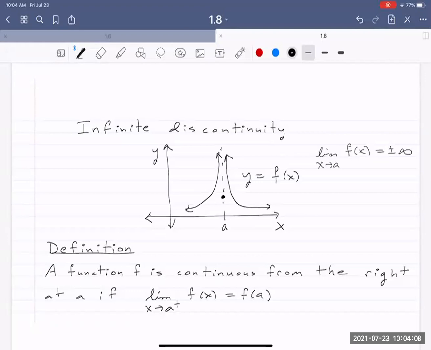Or it could be where I still call it an infinite discontinuity if the one-sided limits are infinite. And it could either be plus infinity or minus infinity. And it really doesn't matter which way they go.